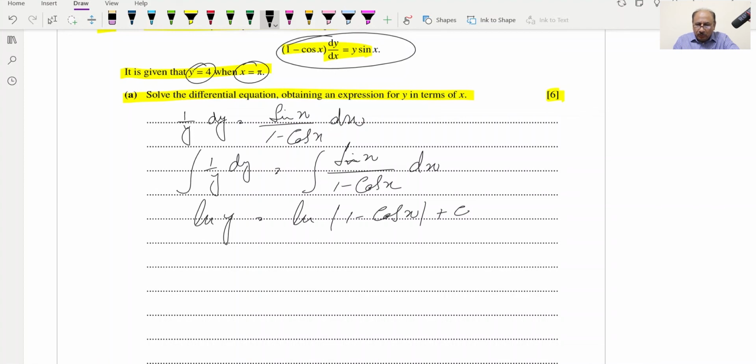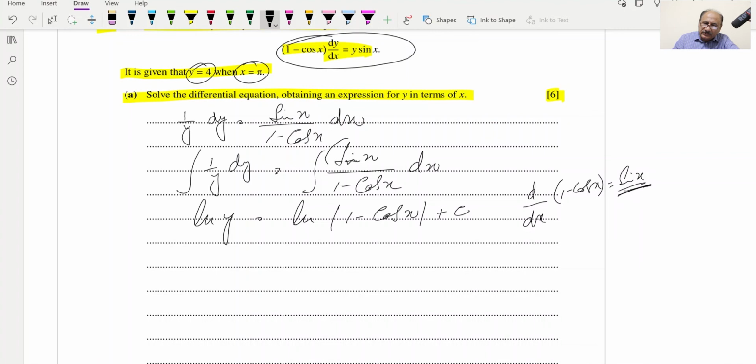So how we have done this, basically we know that the derivative d over dx of 1 minus cos x is equal to sine x, and this sine x is there as numerator, so this is basically the derivative.